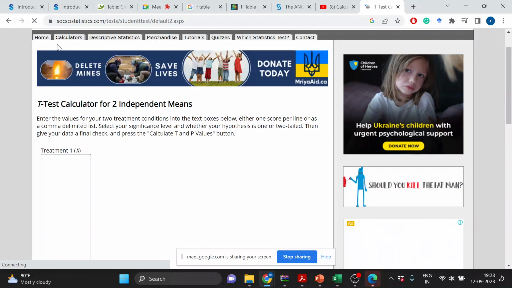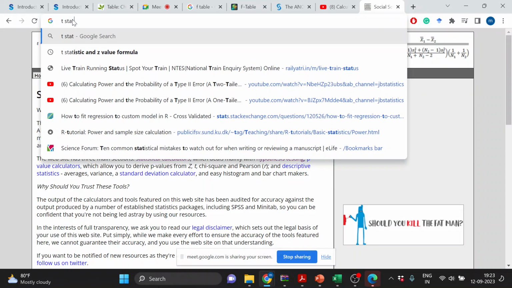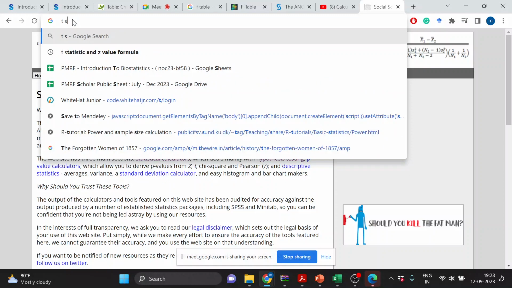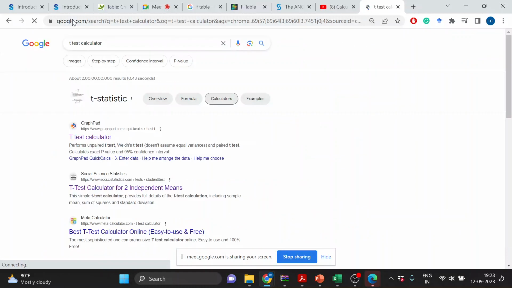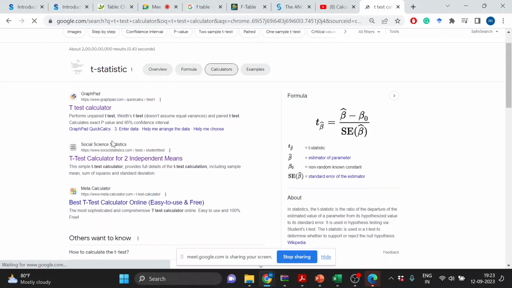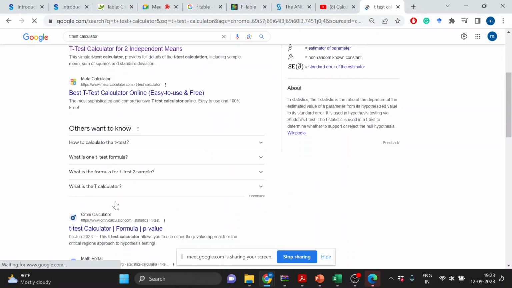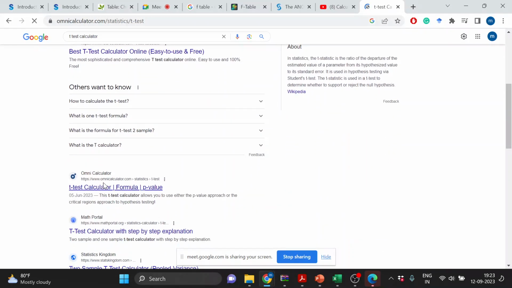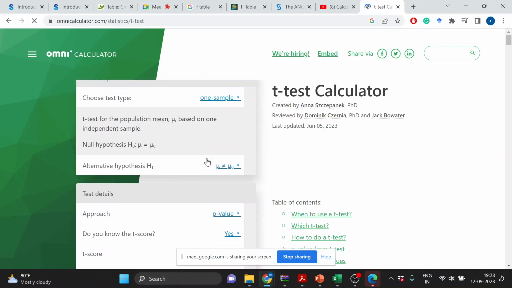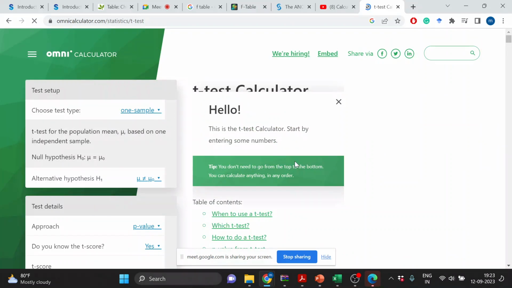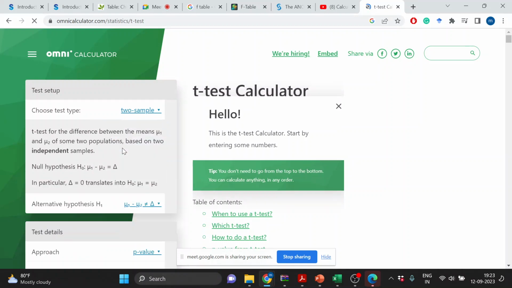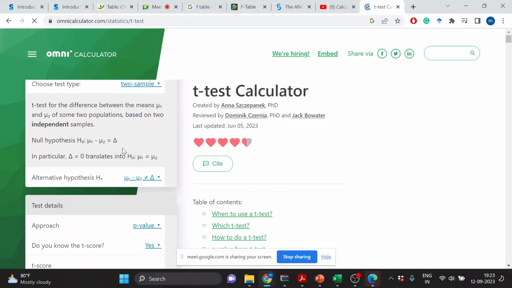It's not a good calculator. I want a calculator which just does a two sample test. Choose type, two sample.